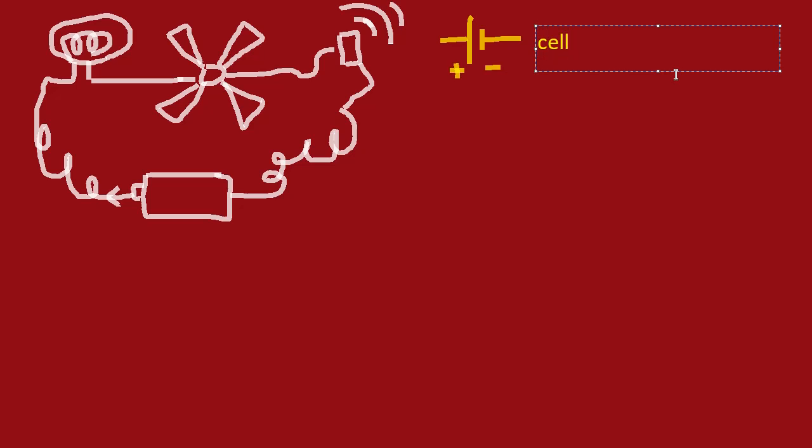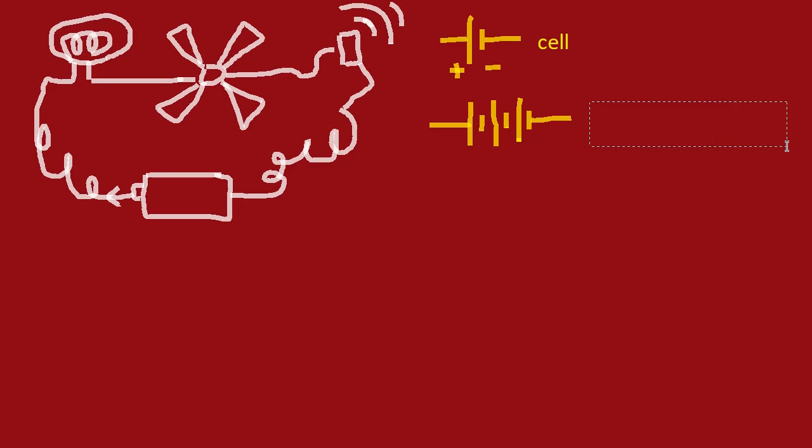If we have a collection of many cells, which we call a battery, we can show it in this way: one cell, then the other cell like this, then the third one, and so many cells can be shown. This collection of several cells is called a battery.